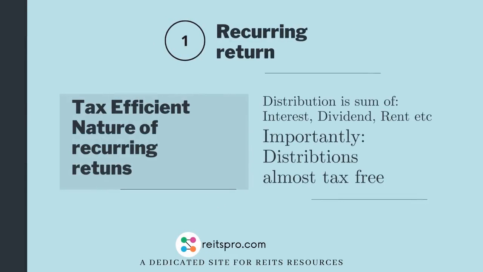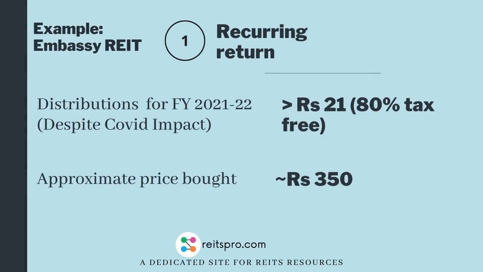So the tax efficient nature of recurring returns in fact make it a very important area to study. And as an example, the distributions for financial year 2020-21 despite the COVID impact was more than 21 rupees for the entire year, and out of this 80% was tax free.